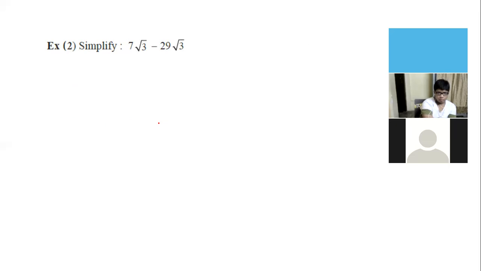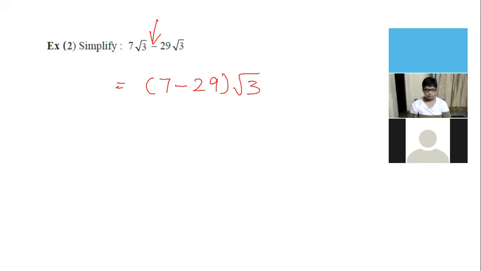But what about the sign? Sign of the greater number? See, when you take root 3 common, this will become 7 minus 29 root 3. How much is 7 minus 29? 22. And the sign?